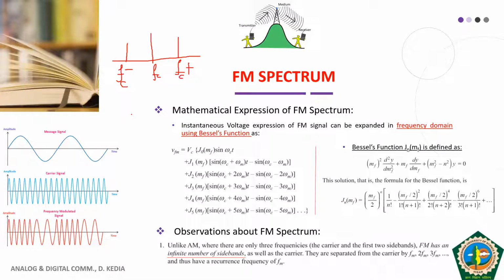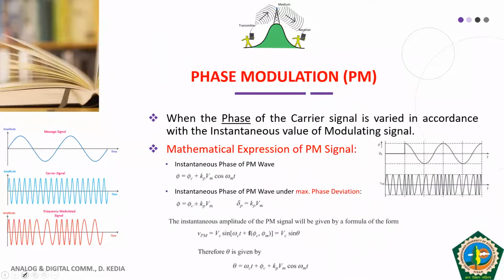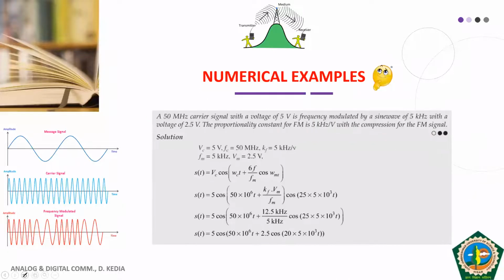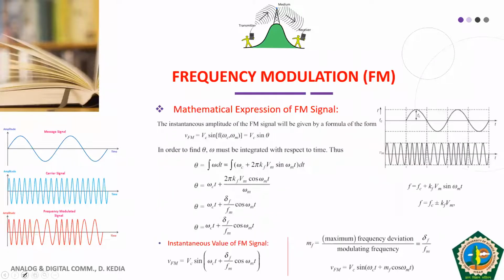Your AM expression was also simple, whereas our expression for FM is complex. If I go back and show you the expression of FM, what do we have here? We have a sine function, and this sine function has another sine or cosine inside. So you can say that this is a sine of a sine.